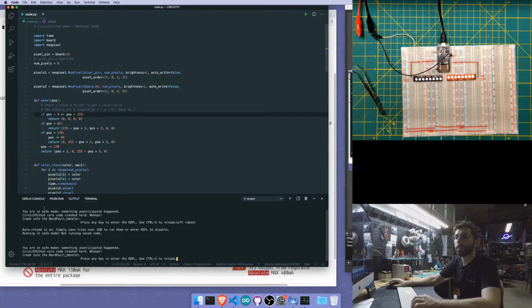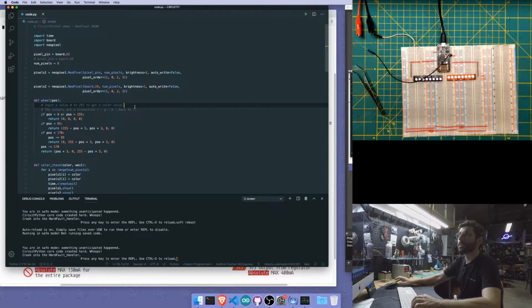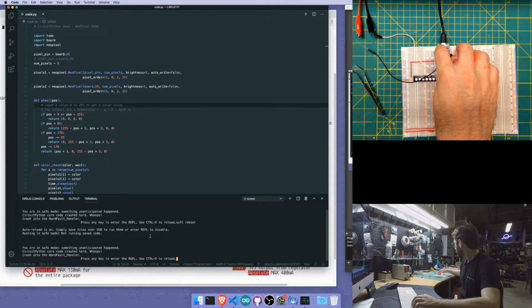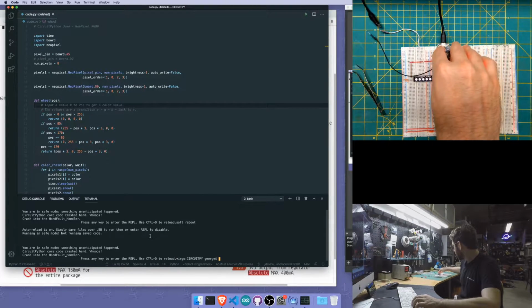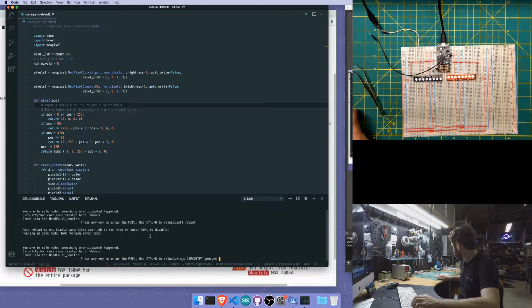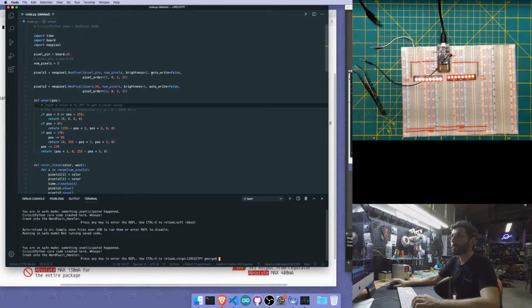Something unanticipated happened. Core code crashed. Cool. All right. Interesting. Crash and hard fault handler. Okay, I guess it didn't like being hooked up to ground on the power supply. All right.